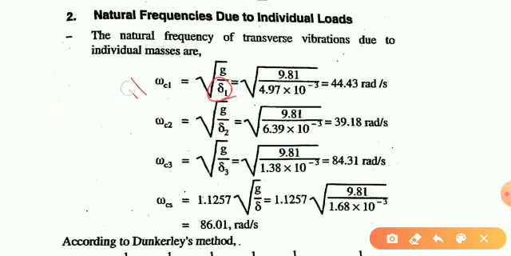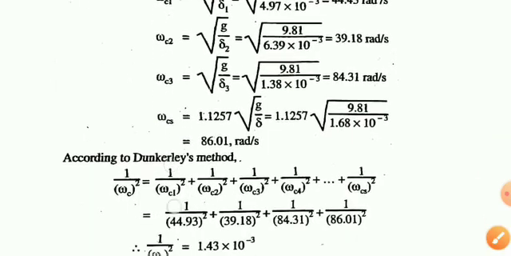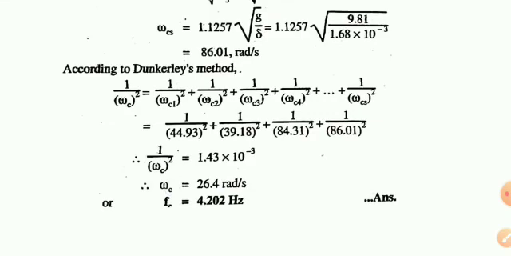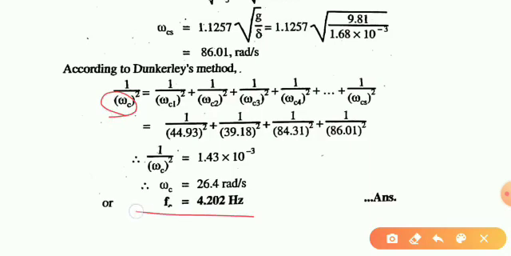In the same way we have all the values of delta 2, delta 3 and delta s due to static deflection. So we can find all the angular speeds, and using Dunkerley's formula we can find the ultimate critical speed and natural frequency for the same. This is Fc.